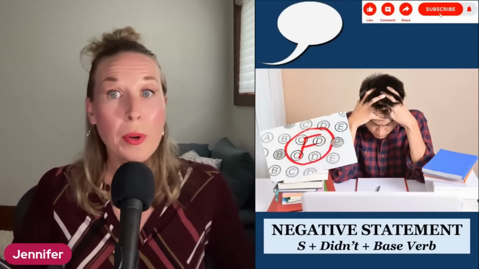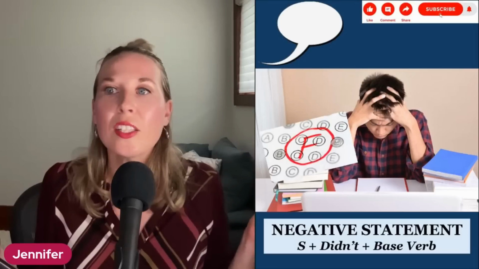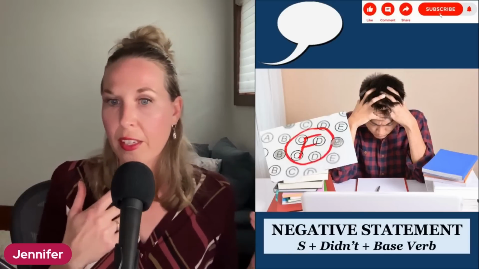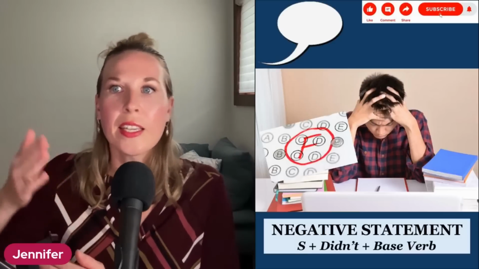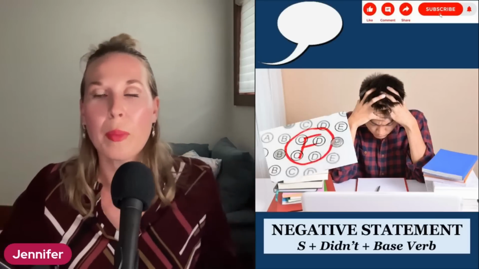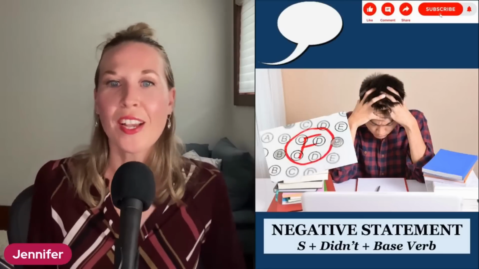But remember, the past simple is easy because you don't have to change your verb conjugation with the subject. Okay, so we have subject, didn't as the contraction, did not, didn't, and then the base verb. And of course, you can add more information to make this a more advanced subject as well.